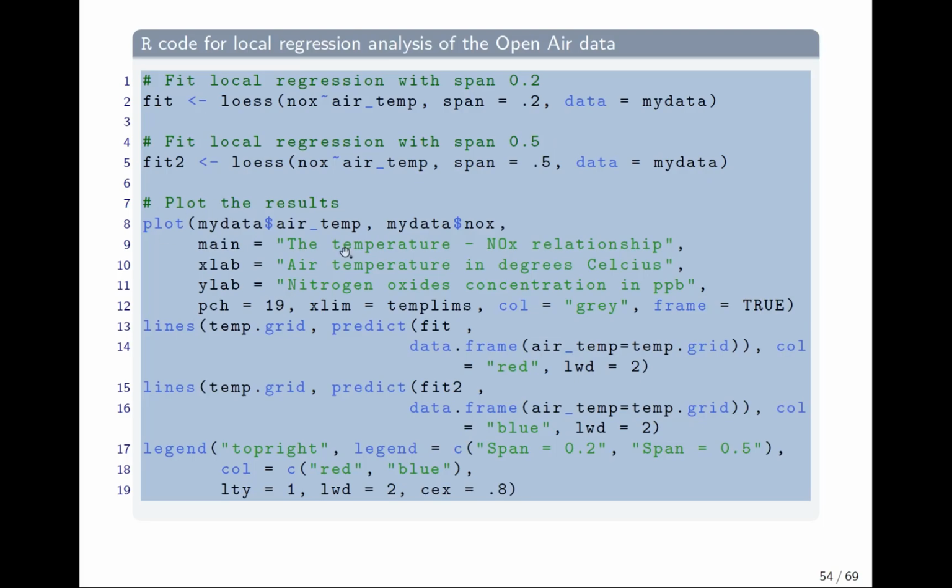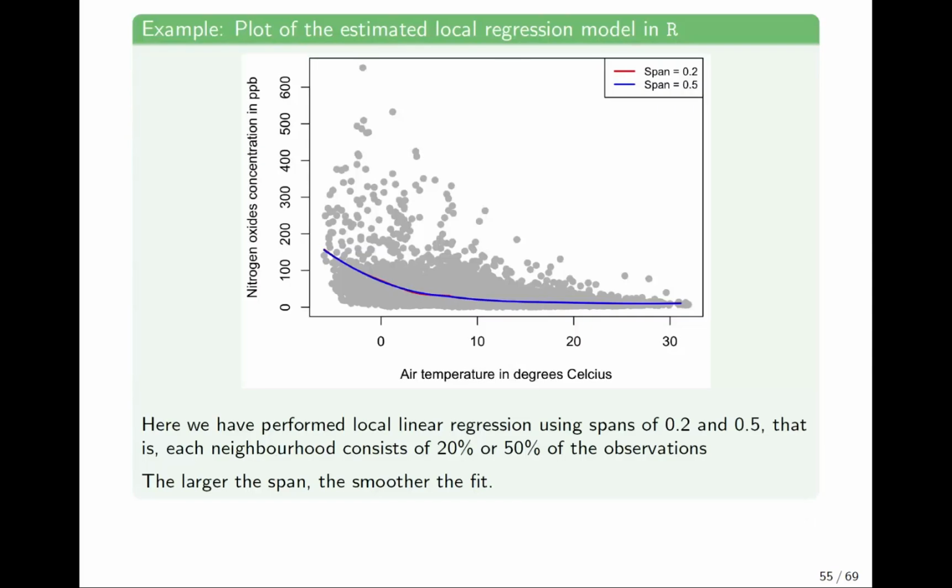We are going to plot the results, get our predictions, and place these on the graph. And here we have it. So we've performed local linear regression using spans of 0.2 and 0.5. That is, each neighbourhood contains 20% or 50% of observations, weighted by kernel, and it gives us this nice fit here.